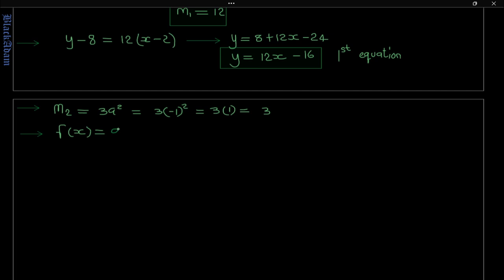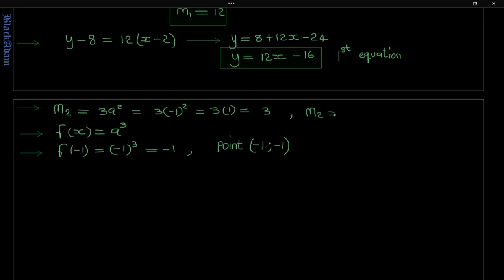Our original equation is a cubed. Remember x is a, so f of a is going to be -1 cubed, that is -1, so it's the point -1, -1.